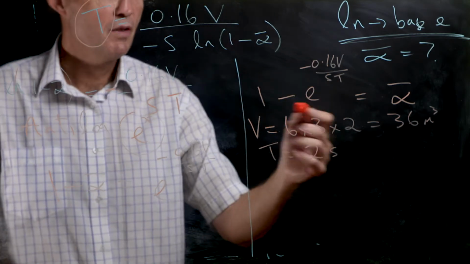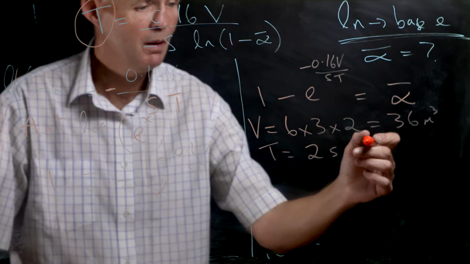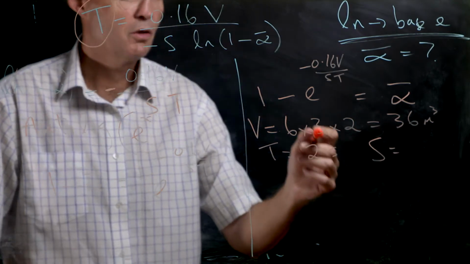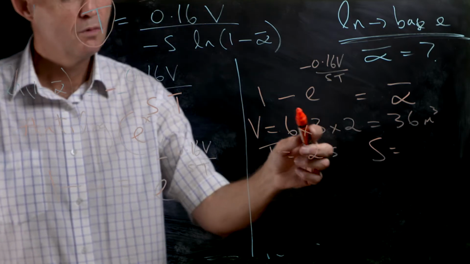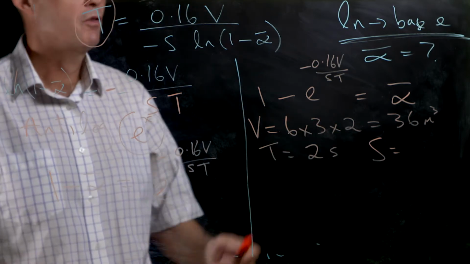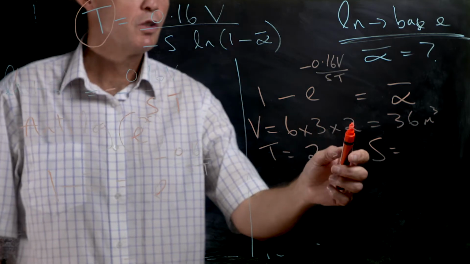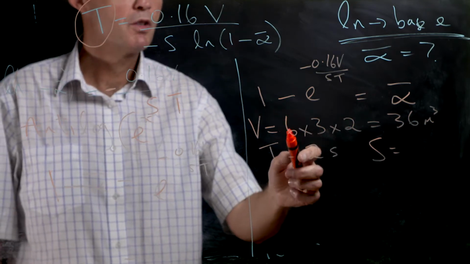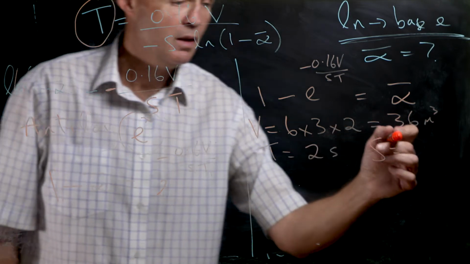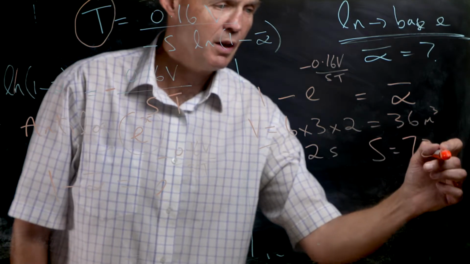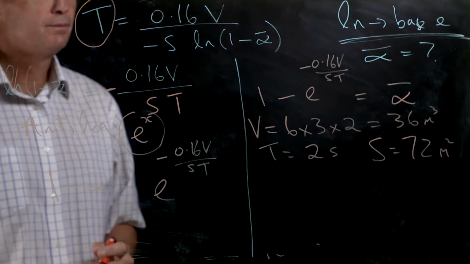If we work out the surface areas from these dimensions, we've basically got a ceiling of 6 by 3, a floor of 6 by 3, two 3 by 2 walls, and two 6 by 2 walls. If you do the maths, I think it comes out to 72 metres squared.